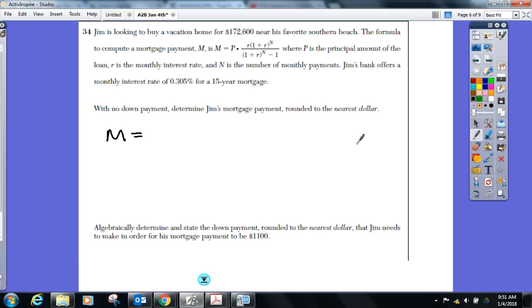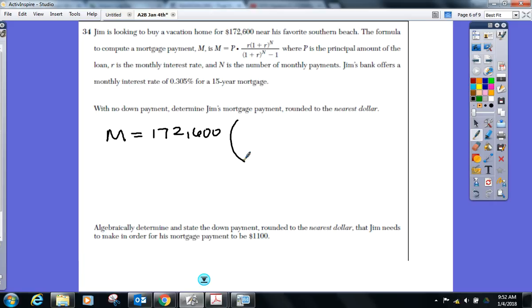No, that's called a down payment. Principal is what you're taking the loan out for, which would be $172,600, right? Everybody good? Are we okay on why the principal is the money we're loaning? Okay, because it's going to get even crazier down here.